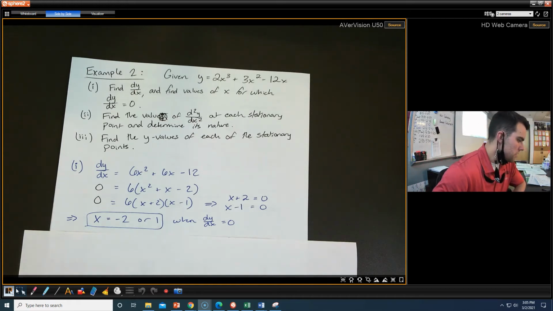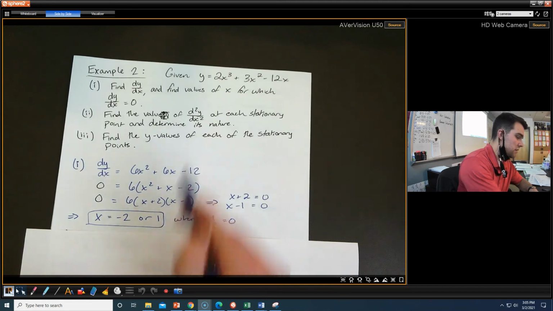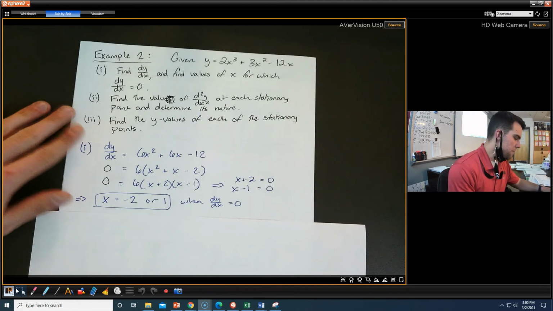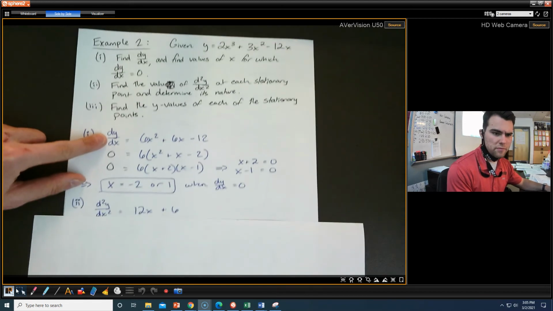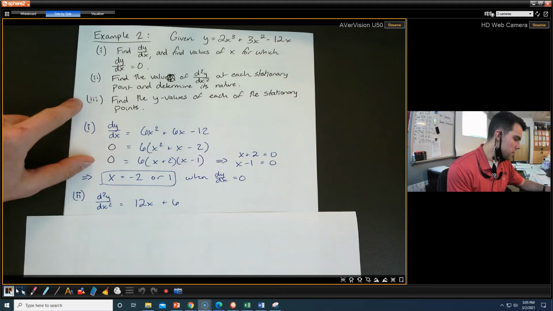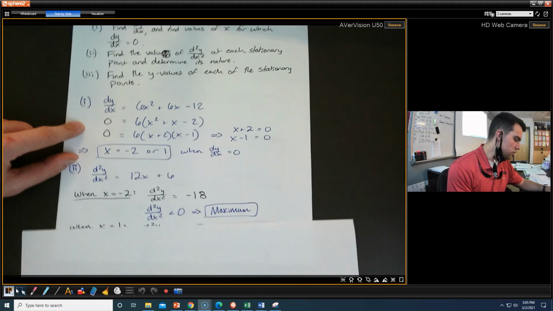Sweet. Part 2 wants me to find the value of the double derivative when I plug these values in, so I need to find the double derivative first. I take the derivative of this, and I get 12x plus 6. Then I plug in each of my x values.